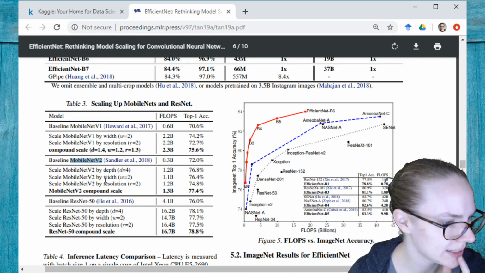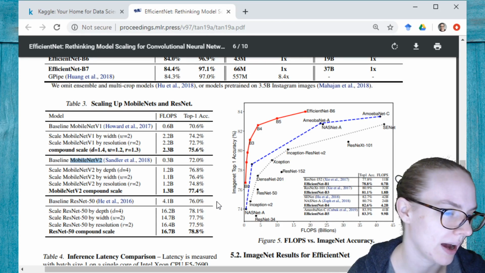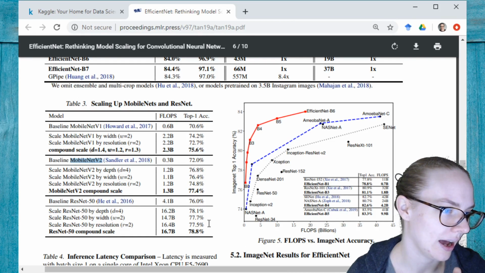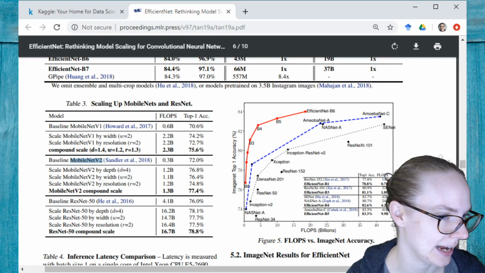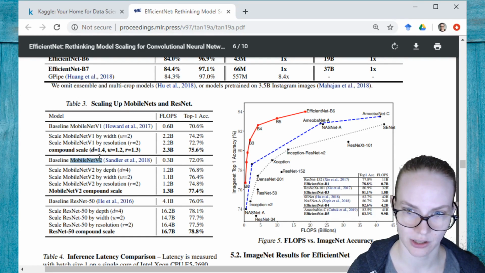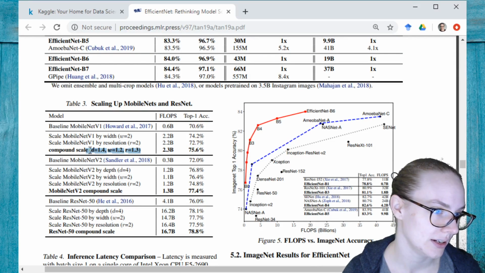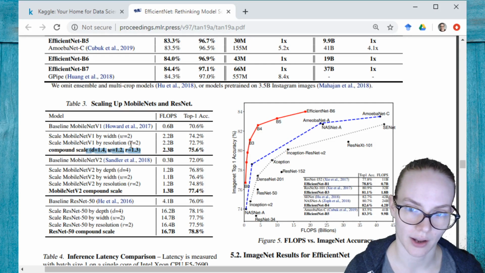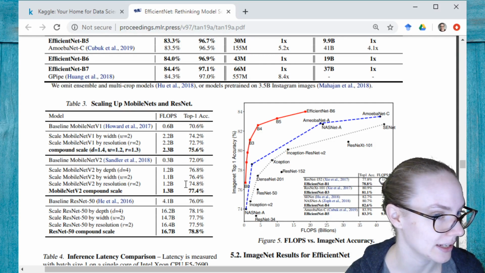And then ResNet, again, they got the largest improvement by scaling the model on 3 dimensions instead of just 1 at a time. And compared to the earlier results where people were doing compound scaling, these values are not manually tuned, they are learned. So that's the benefit there.